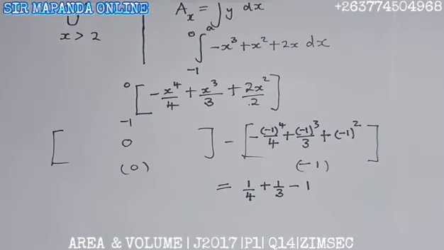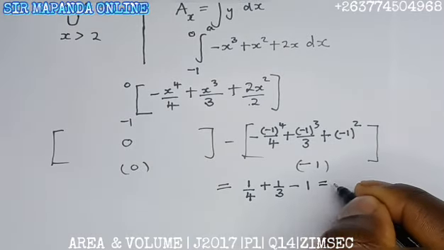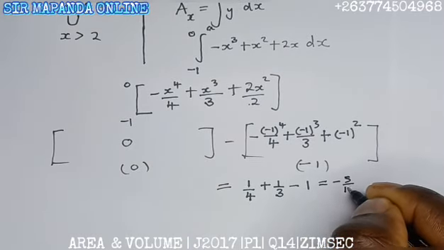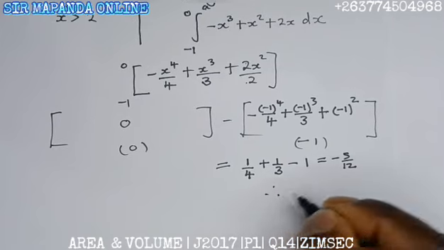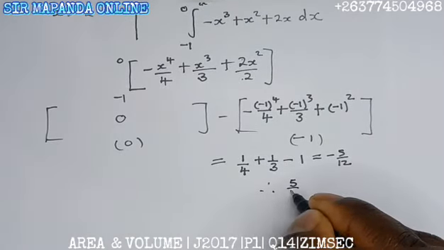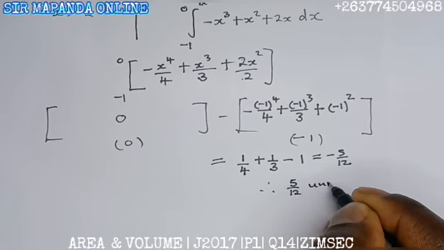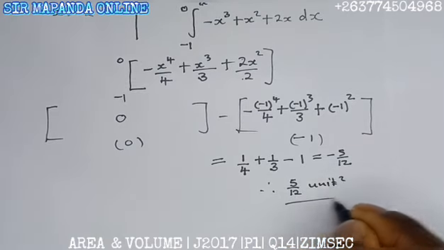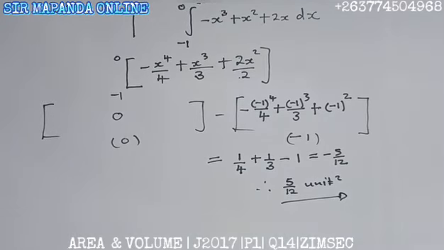So we are saying 1/4 plus 1/3 minus 1, you get -5/12. But remember, like what I told you, area cannot be negative. So your answer is 5/12 square units. Then you are home and dry.